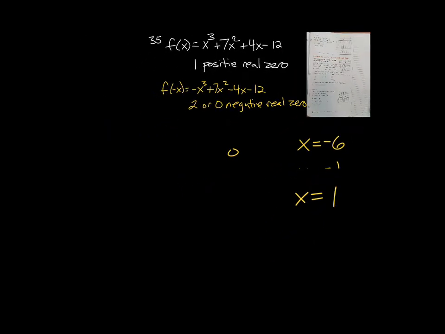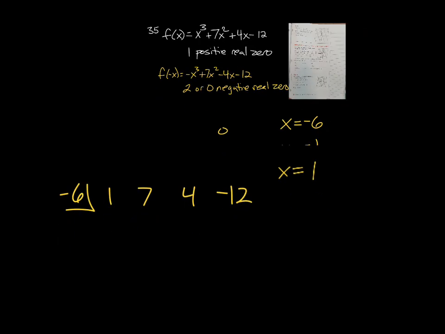Okay, and so then what we would do is take -6, put it in the box, take the original coefficients. Now, if this truly is a 0 for this polynomial, what's going to happen here? And the remainder, right? Okay, so then what happens? Let's do it. And then -6.